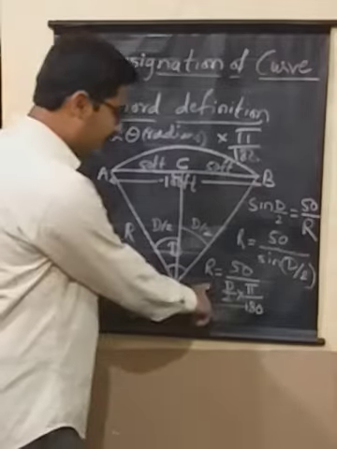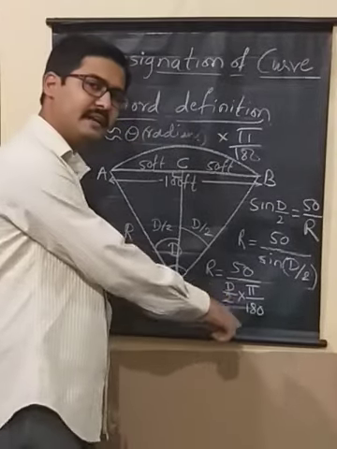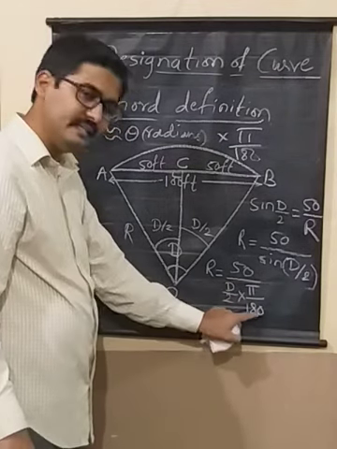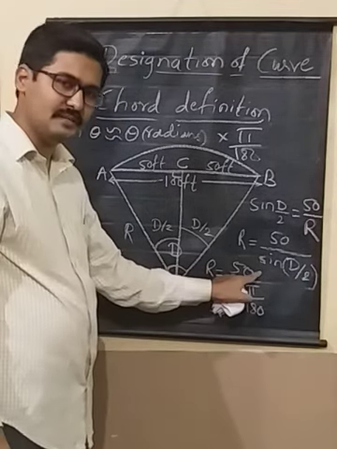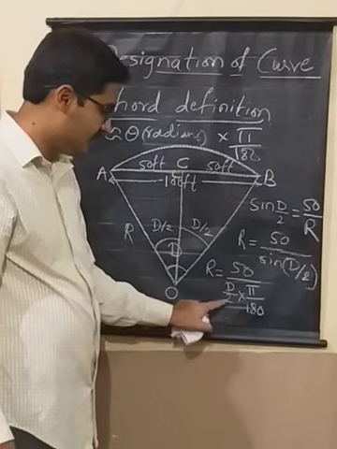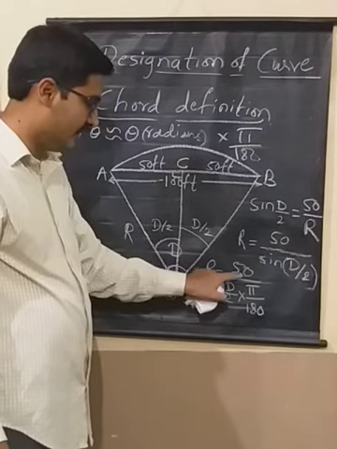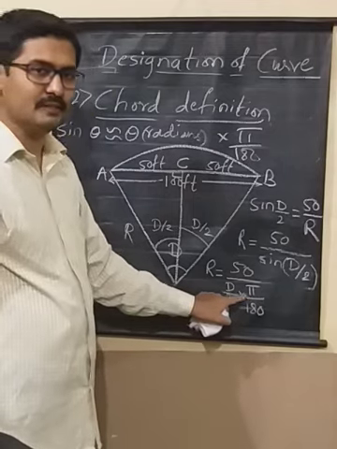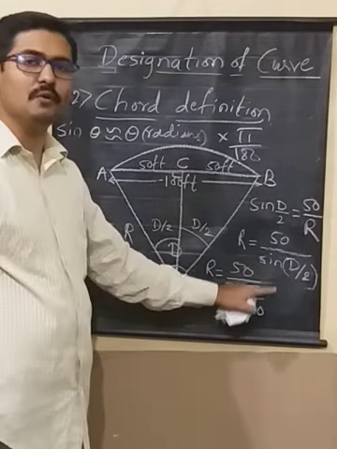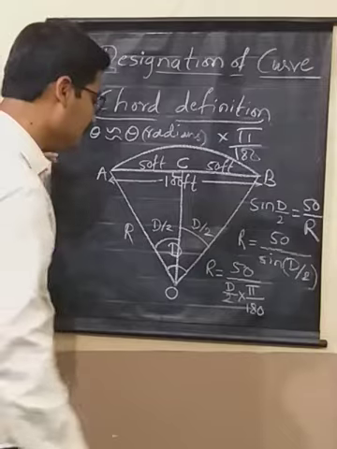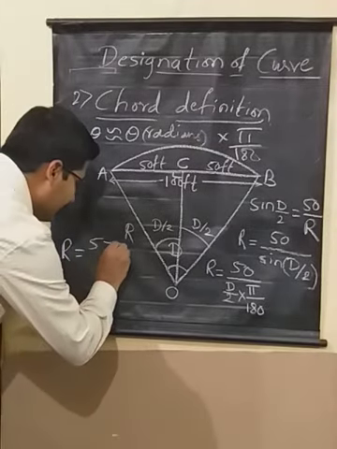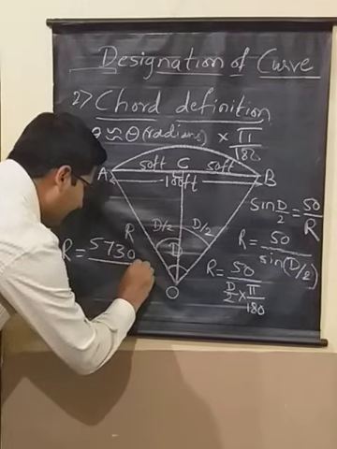So once again, R you have, and the remaining terms if I calculate, 2 into 180 will go to the upper side, so it becomes 100, because 50 into 2 is 100, into 180 divided by pi, isn't it? So if I calculate the whole thing and get the value, that comes out once again as 5730 divided by D.